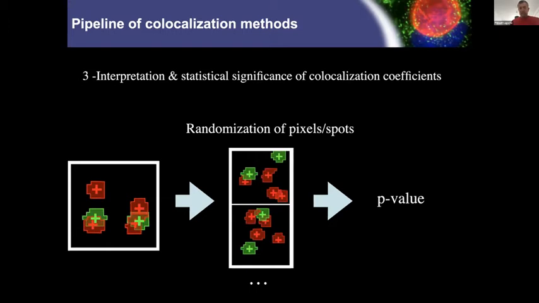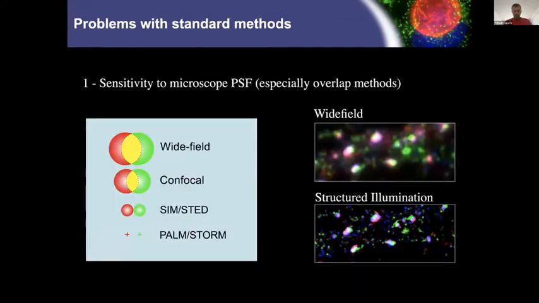Many techniques have been developed. And as you observed with the previous part of Florian, all these approaches are being questioned with the introduction of super resolution microscopy, because now we have access to the localization of objects directly. With increased resolution for the red and the green objects, the yellow disappears, and there is not so much yellow right now in your images. This is really the sensitivity of many methods to the microscope PSF.